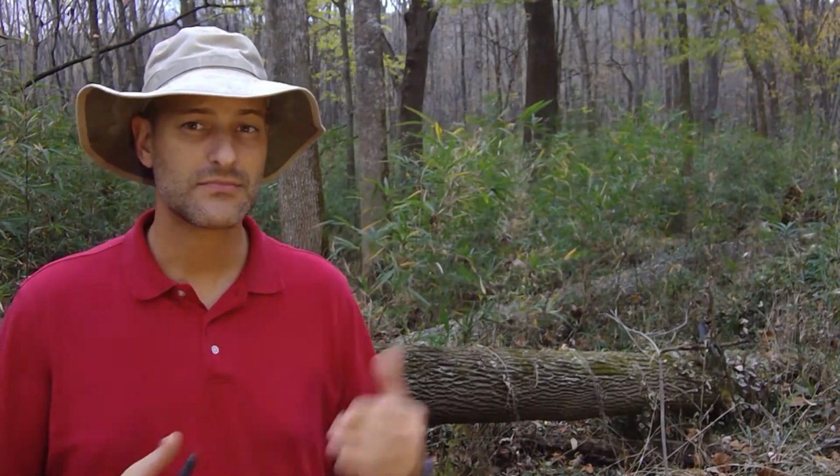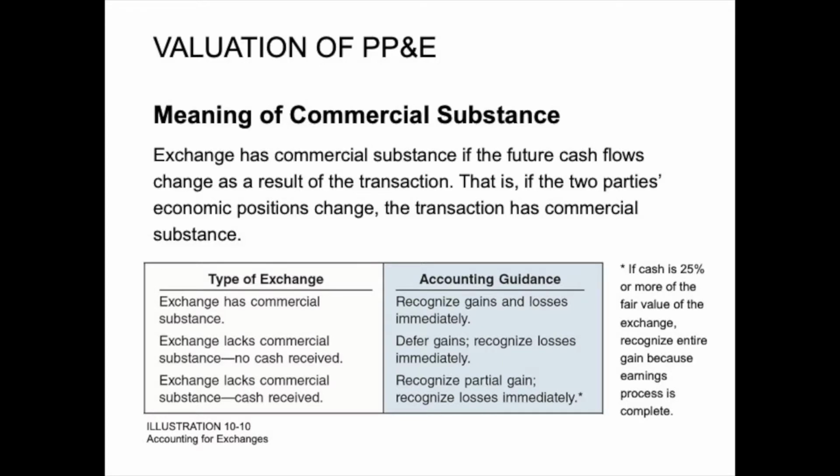Now, commercial substance brings the question, well, what is commercial substance? Well, an exchange has commercial substance if the future cash flows change as the result of the transaction. So if the two parties have economic positions that change, then the transaction has commercial substance. If there's really no change for the two parties, then there's no commercial substance.